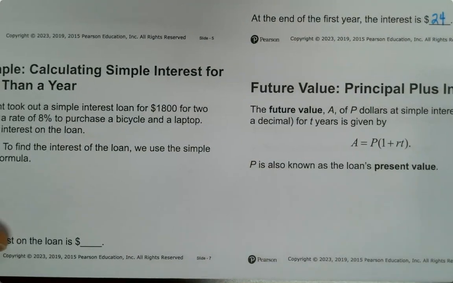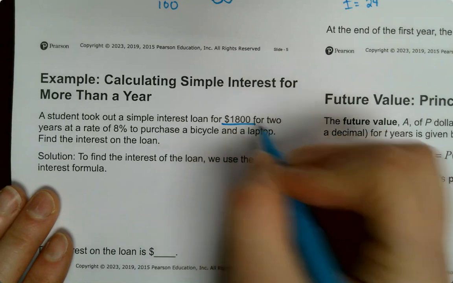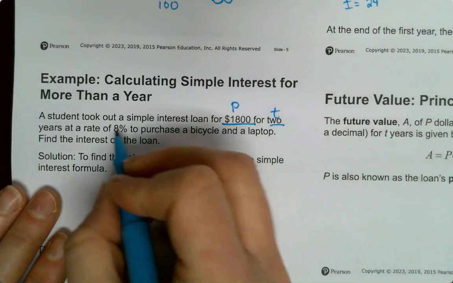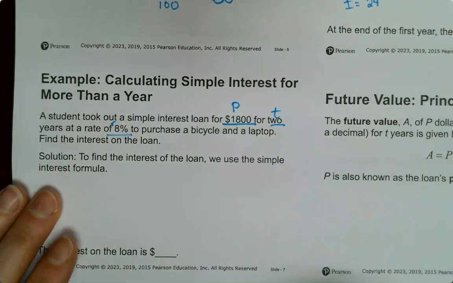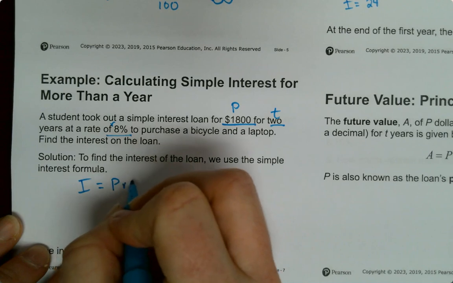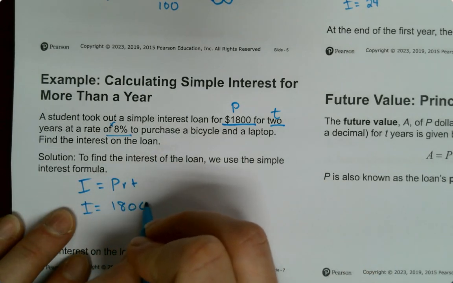Here's another one. This one is someone who took out a loan for 2 years. So principal is 1,800, 2 is our time, 8% is our rate. So I equals PRT. So I equals 1,800.